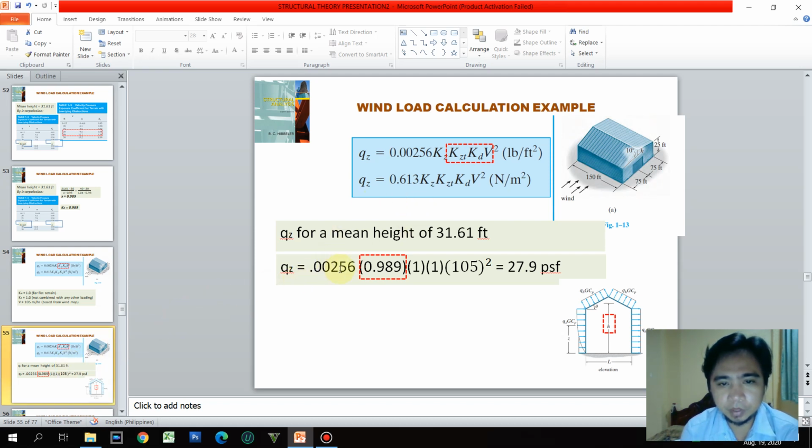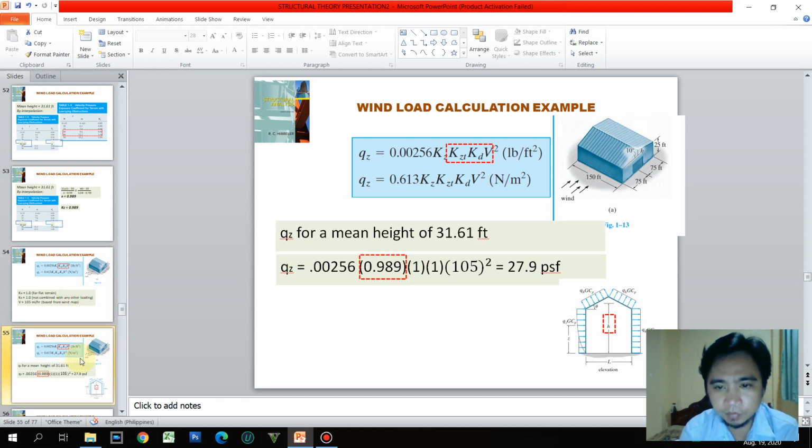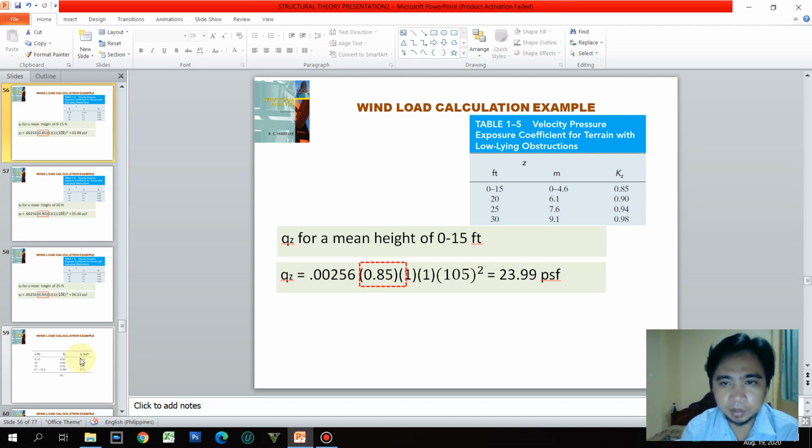Okay, so substituting the values, we will come up with 27.9 PSF, pounds per square foot. So that is the value for QZ. Okay, so let us now derive the corresponding pressure.